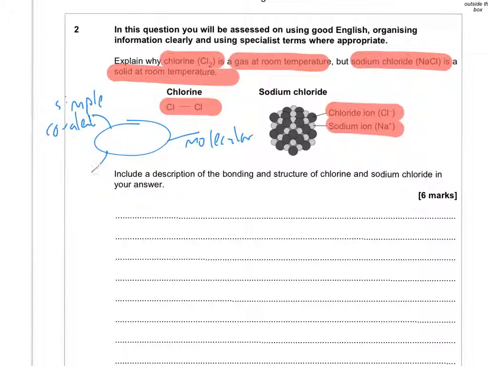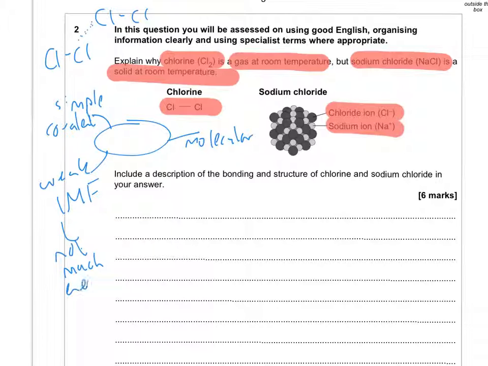Between the molecules, so if we've got one here and another one here, there's not much holding it together apart from these things which we called weak intermolecular forces. And linking it to that, there's not much energy needed to overcome those forces so they can move apart.